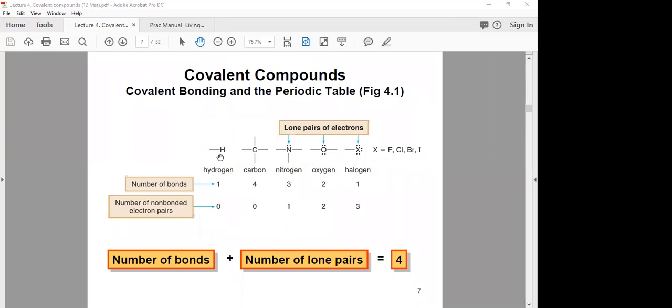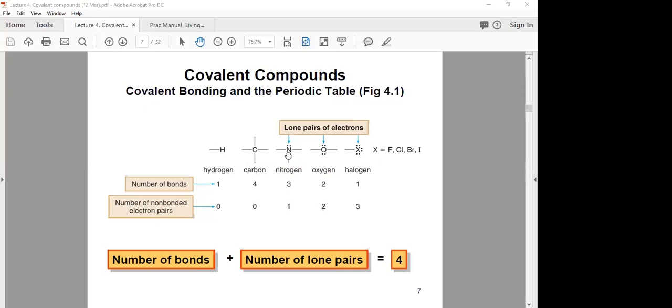All right, so we've already seen hydrogen, which has 1 valence electron and it forms only 1 covalent bond. And of course, it doesn't have any lone pairs of electrons. Carbon belongs to group 4A on the periodic table and has 4 valence electrons. It wants 8, so in order to achieve the octet, it will form 4 covalent bonds, as illustrated here around the carbon atom.